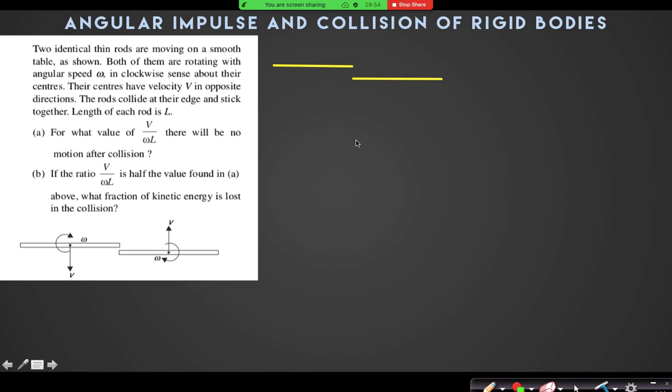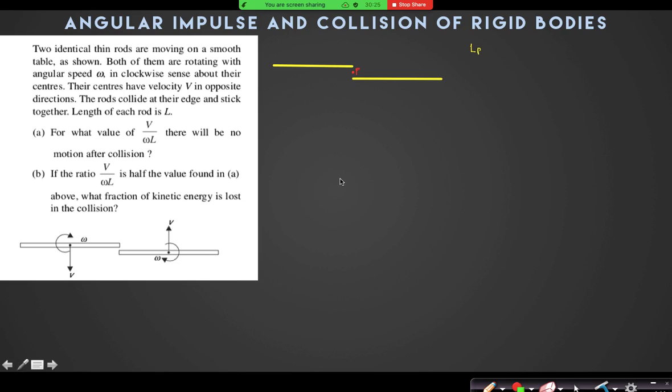Again, the question is if I take them as a system, about which point I can conserve the angular momentum? About any point, right? But I will preferably choose this midpoint, the symmetric point.